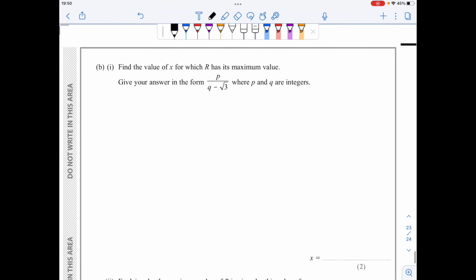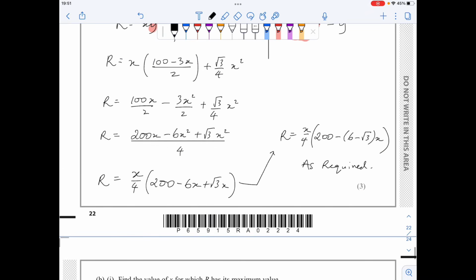Now in part B(i), I need to find the value of x for which r has a maximum value. To find this, I will first differentiate and set to 0. Now of all the versions of r I have here, this one is the best one to use.